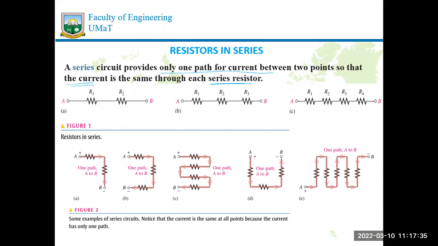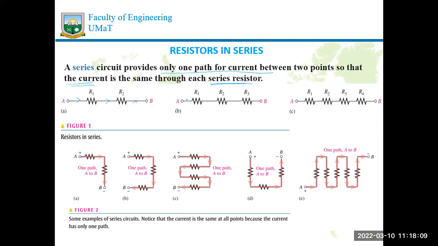Therefore, what this means is that looking at point A all the way to point B, if I take resistor 1 and resistor 2, and I have a current I flowing from point A, that current will go through R1, and the same current will flow through R2.